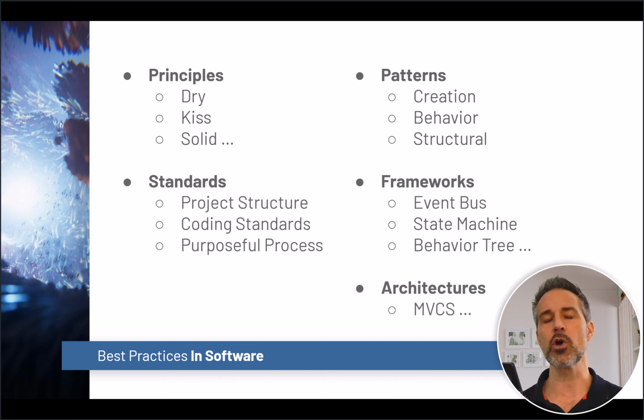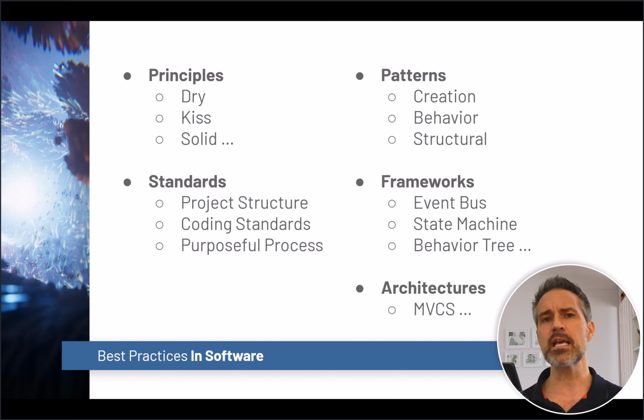Also establishing coding standards so that all the C# that you and your team create is readable and consistent across all of your code base so that it's easier for people to join the team. And when they depart the team, their knowledge is properly documented and put inside the code base as well. And having a purposeful process there as well.